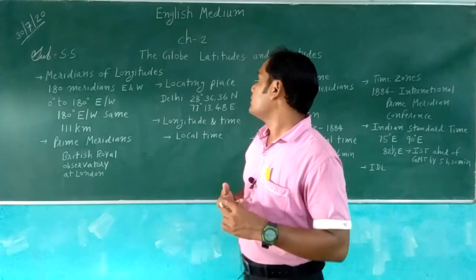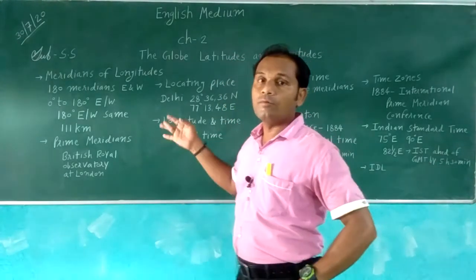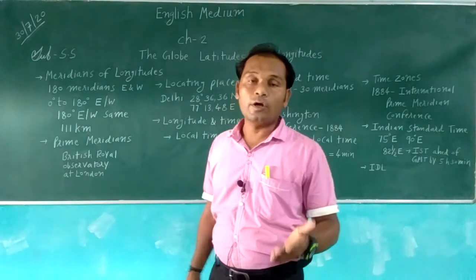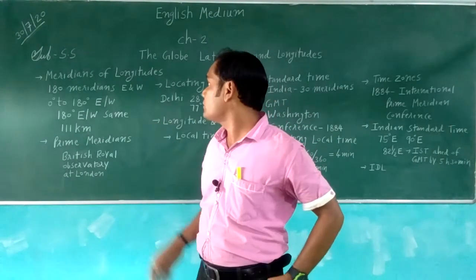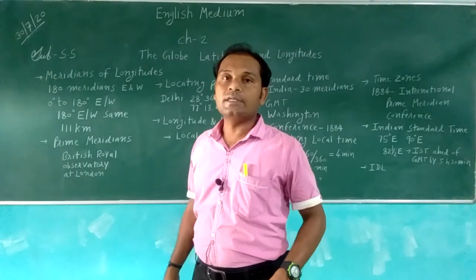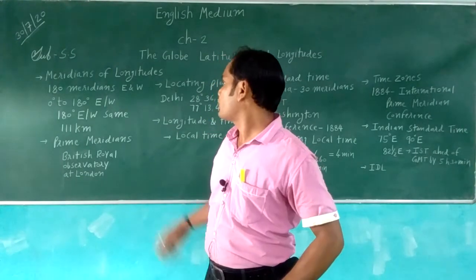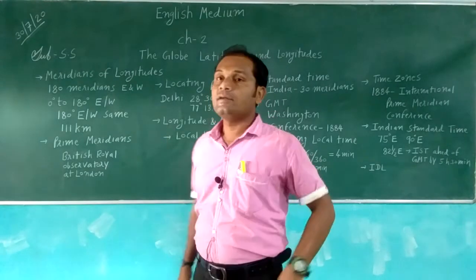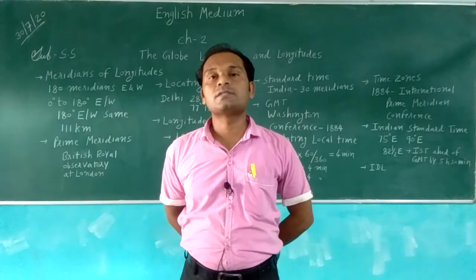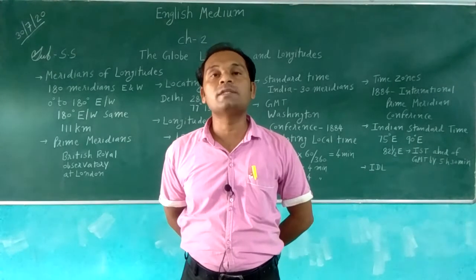So this one thing is clear about meridians of longitudes: they are given from 0 to 180 degree east and 0 to 180 degree west. Now, the prime meridian. What is called the prime meridian?